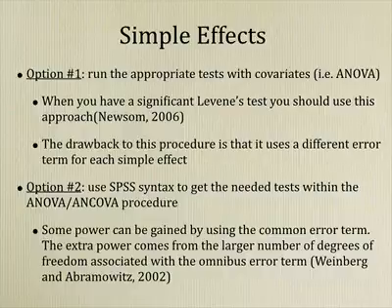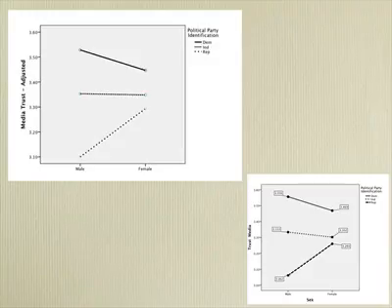That would probably be the easiest way, and maybe my first instinct would be to run the simple effects. So I have a significant interaction. I want to know what's leading to the significant interaction. Is it male Republicans versus Independents, or Democrats versus Independents, or what?